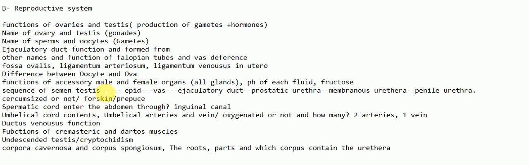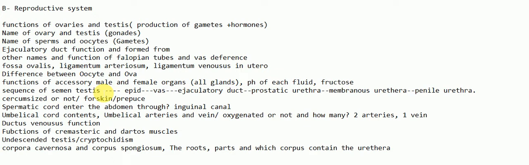Now, the sequence of the sperms and semen production. The sperms are manufactured or synthesized or produced in the seminiferous tubules of the testes.